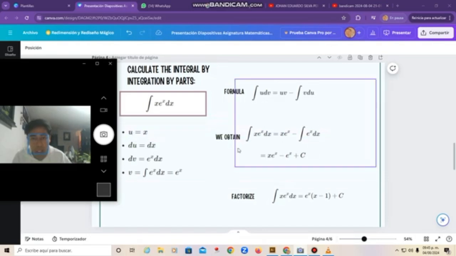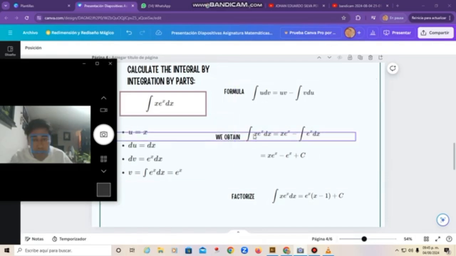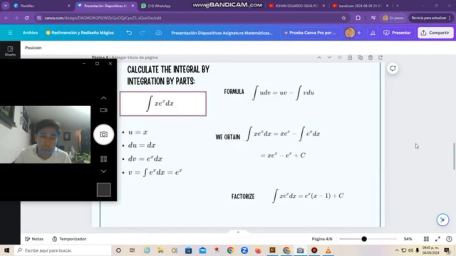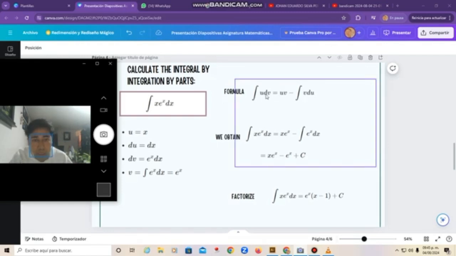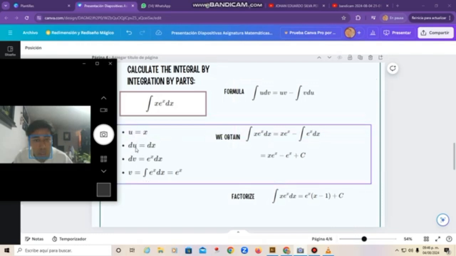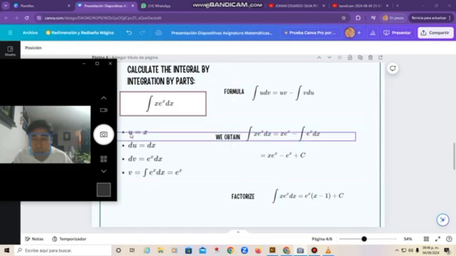So we obtain the integral of x e to the power x dx equal to x e to the power x, the values of u and v, minus the integral of e to the power x dx.